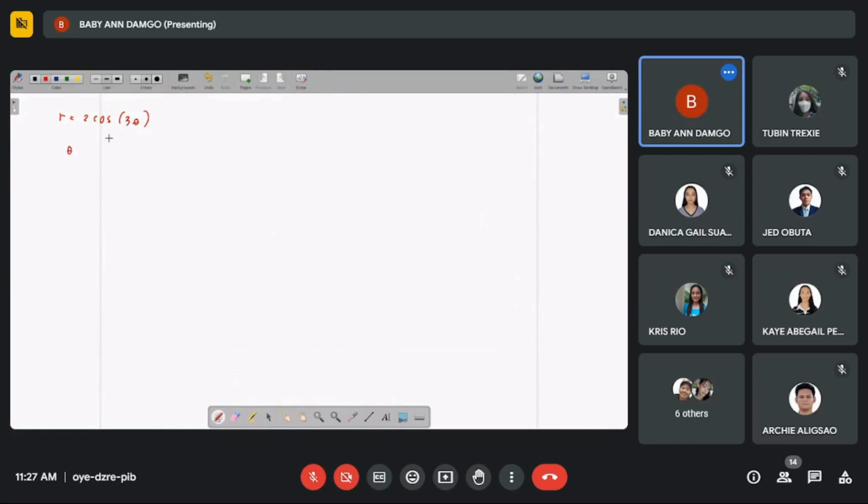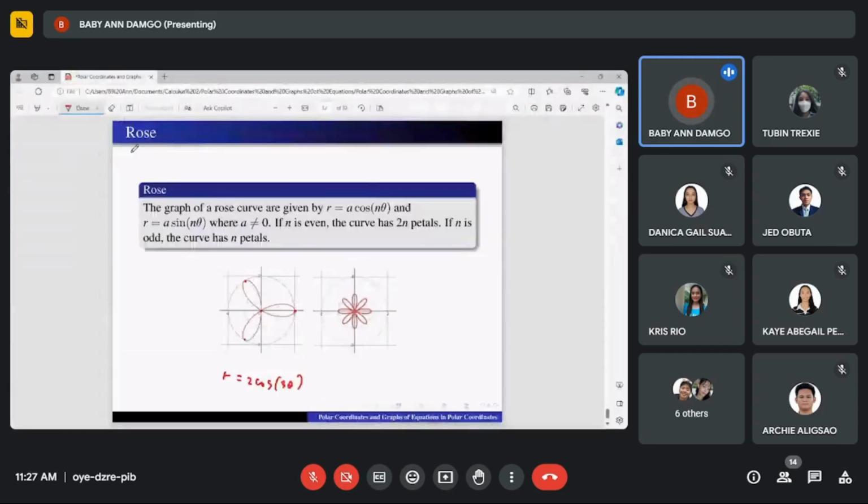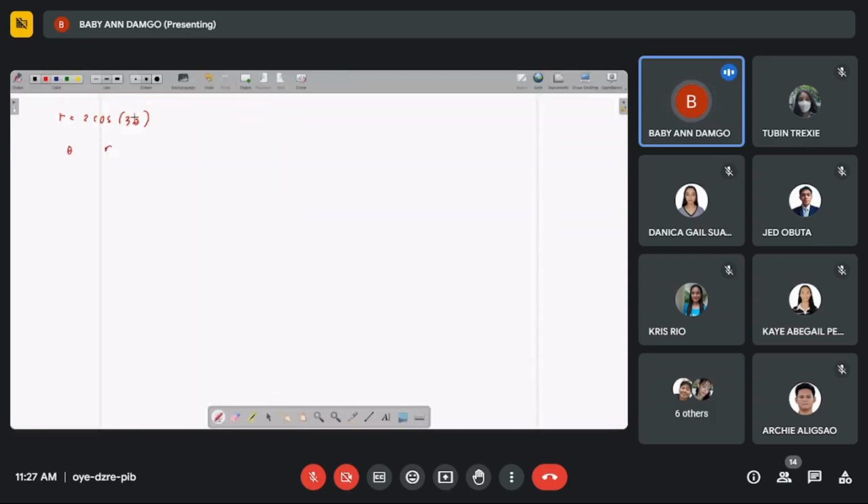So atong goal, dapat ang result sa cosine kay negative 1, positive 1. Kaya ang atong goal here is kwaon na to ang mga tip sa petals for the rose. Okay, so here when theta is equal to 0, so cosine 0 is positive 1. So 1 times 2, so r is 2.